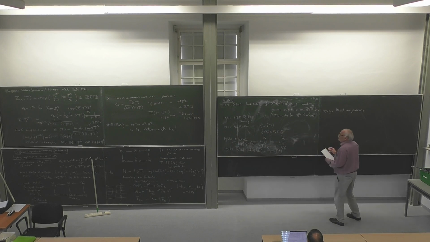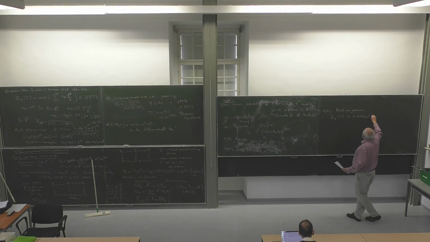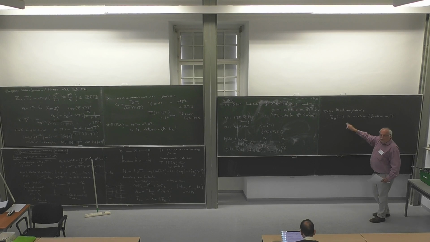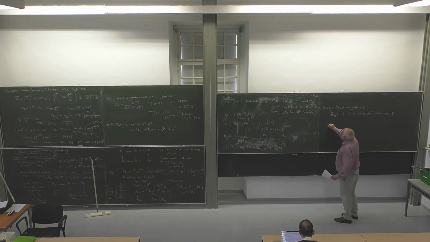So what did he conjecture? That this function is a rational function. Rather, it's a power series expansion of a rational function.